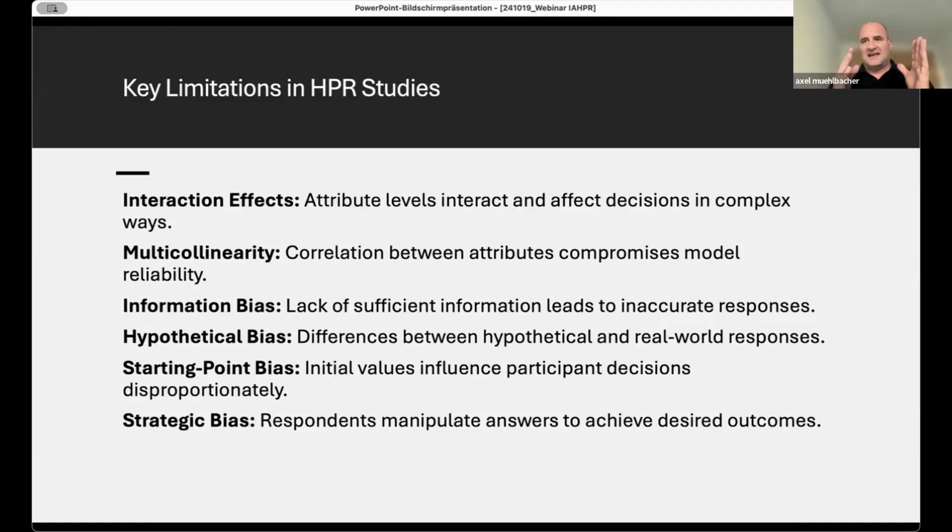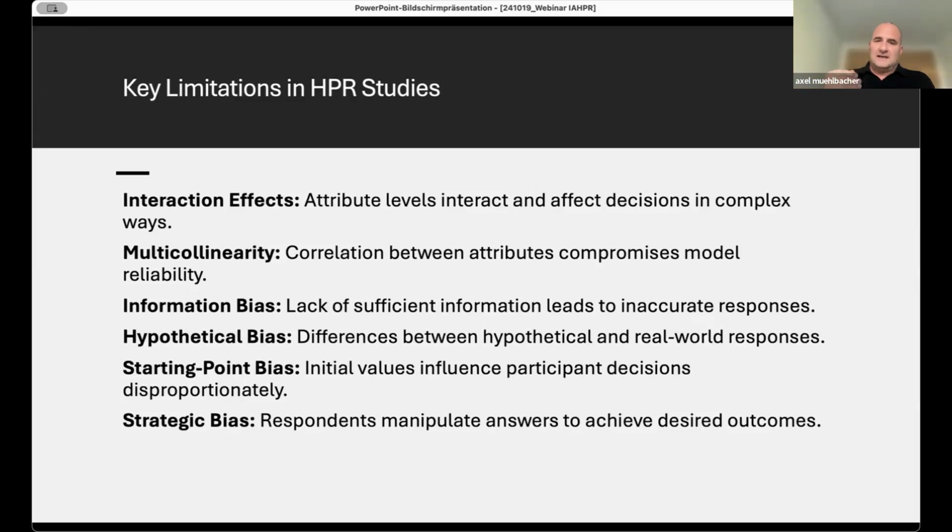For example, if you use an attribute which combines two different levels within one attribute. We can call this a compound attribute, for example, where we combine the question of how long somebody wants to live, depending on a specific side effect.